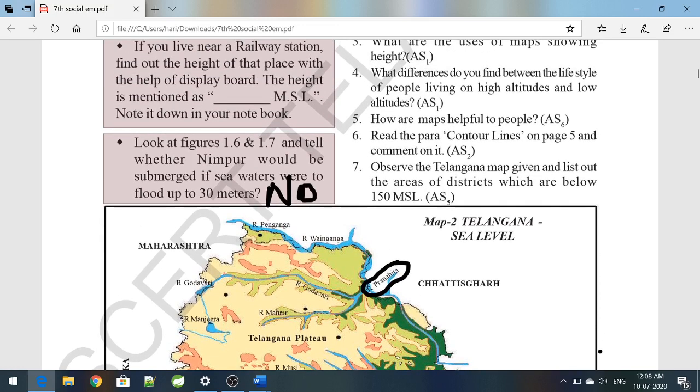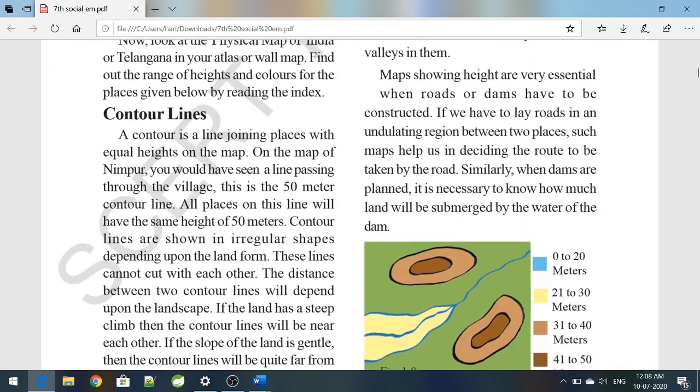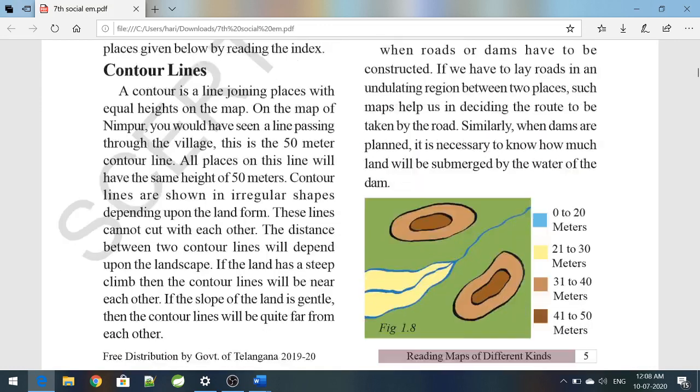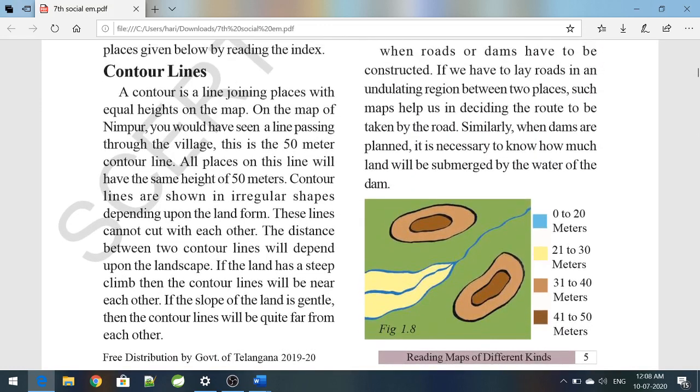Read the contour lines on page 5 and comment on it. So you have to learn these and comment. Contour lines are lines joining places with equal heights on the map. See these joining lines. You would have the same line passing through the village.